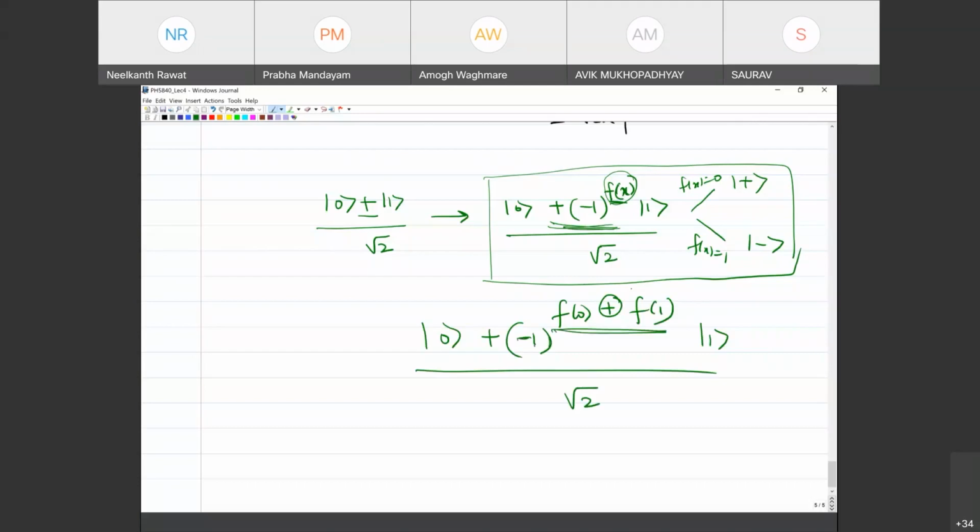And what is that phase? It is simply comparing f of 0 and f of 1. If f of 0 is the same as f of 1, this gives me the plus state. If they are different, then the XOR of two different bits is 1, and that gives me the minus part. So this would be the more abstract way of representing the Deutsch final output.